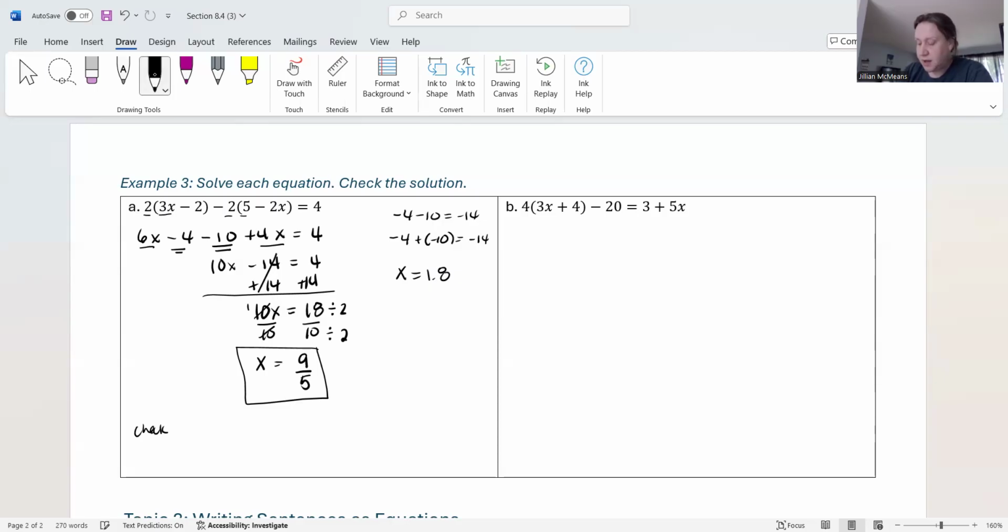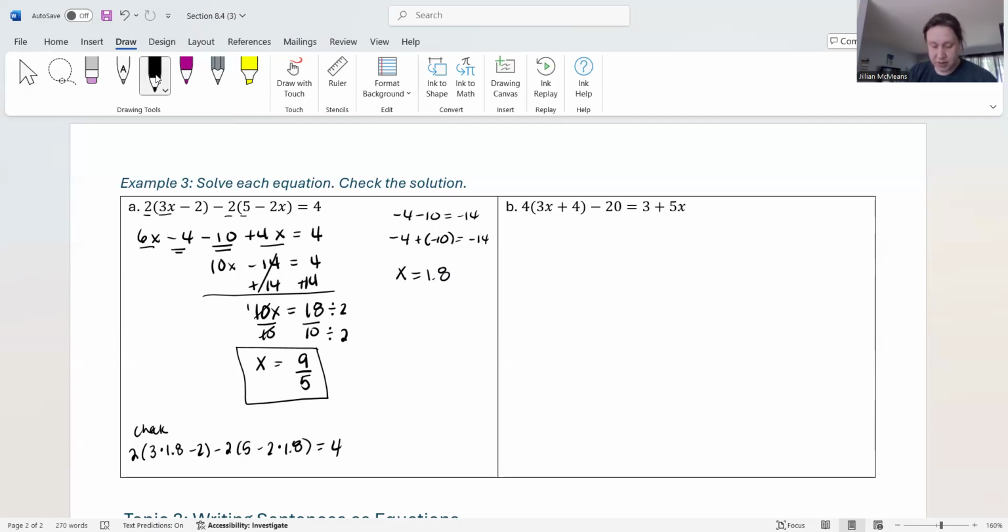So let's go ahead and check. We're going to try 2 times 3 times 1.8 minus 2 minus 2 times 5 minus 2 times 1.8. We're going to see if this really does equal 4. Okay, so we're going to check our solution. Now, I'm going to do this just in my calculator pretty quick.